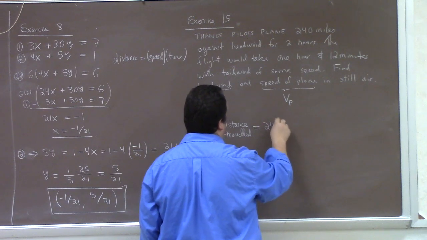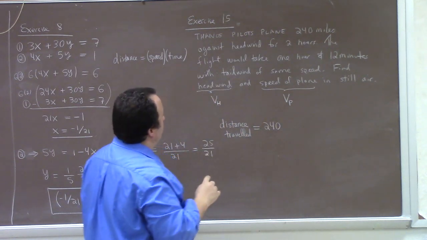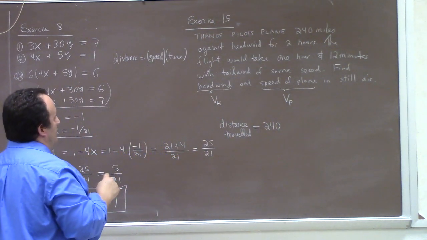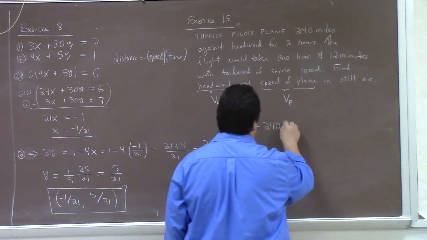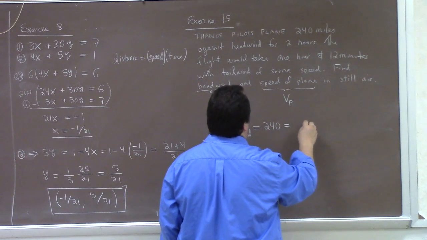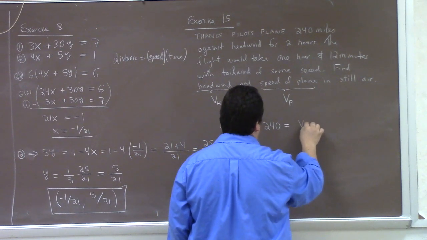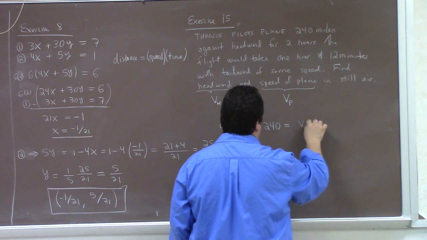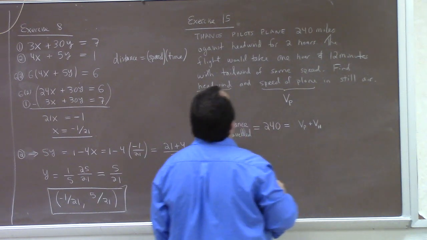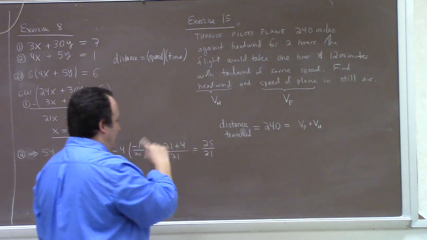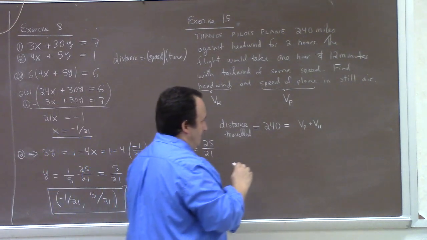And let's see here. On the one hand, it's equal to the velocity of the plane in still air plus the headwind. Oh, against the headwind. So do we add or subtract? We subtract.